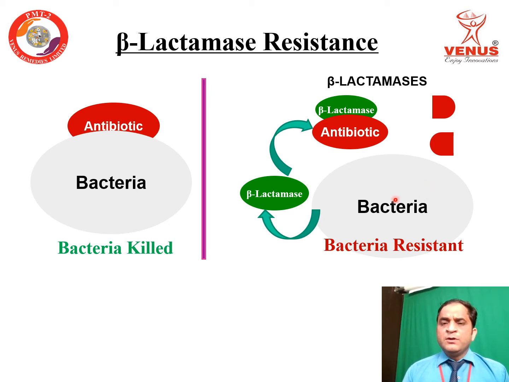So now we can say that with the help of beta lactamase enzyme, this bacteria produces resistance. So this is about beta lactamase enzyme and how a bacteria with its help can produce resistance.